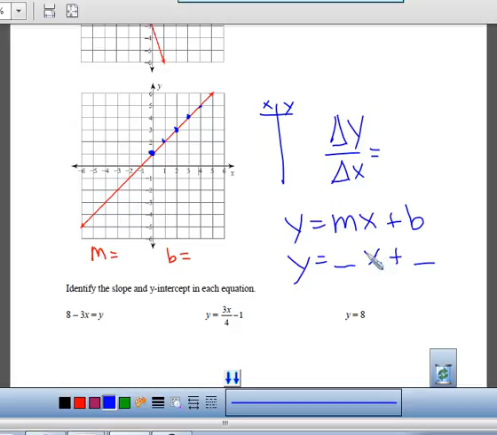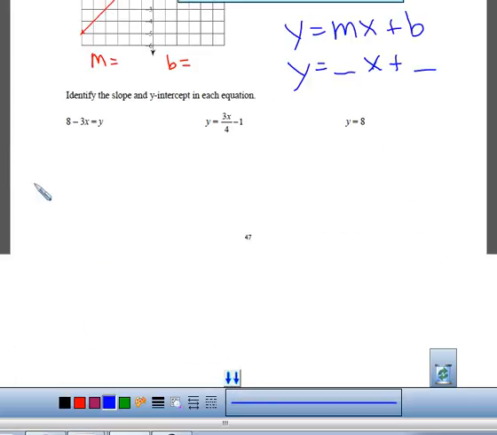Okay, the last question. Identify the slope and y-intercept of each equation. So we're looking for m and b. So underneath each one, I'm going to put m equals and b equals. M equals, b equals, m equals, b equals.